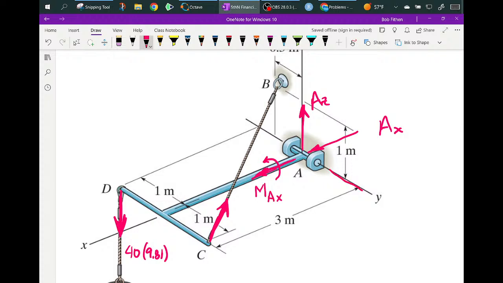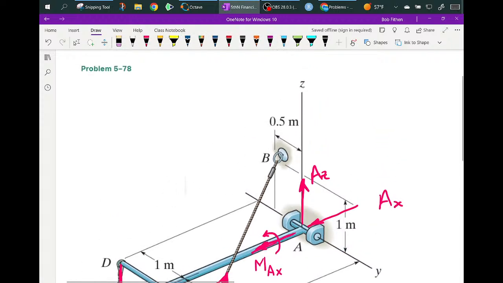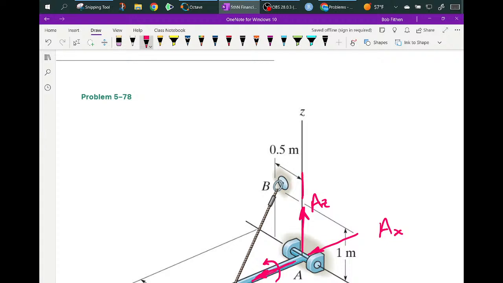Can you carry a moment here? Moment A in the Y direction. No, you can't carry one that way. Can you carry a moment this way? M A in the Z direction.